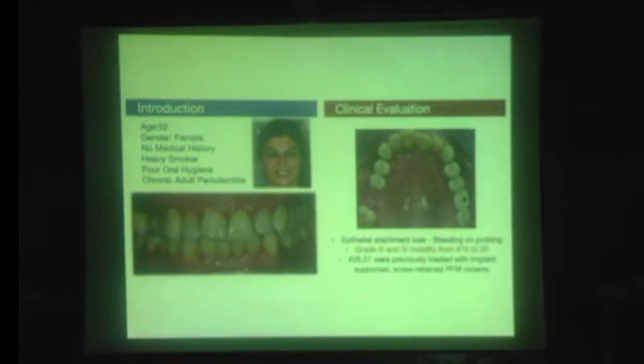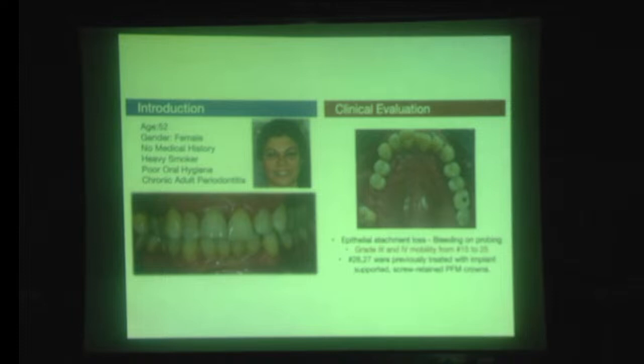So, she came to my clinic. She was 52 years old and a heavy smoker, okay, and had poor hygiene. And she wanted me to clean her teeth. But I told her that you have chronic adult periodontitis, so we have to overcome this problem first. But after getting the radiologic examination, I changed my word, and it was almost impossible for us to save the teeth.